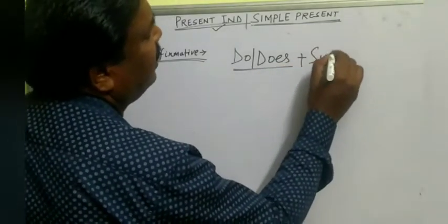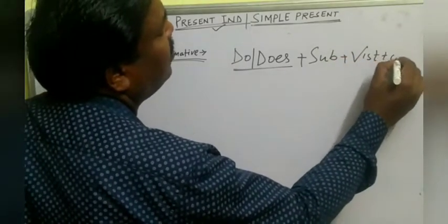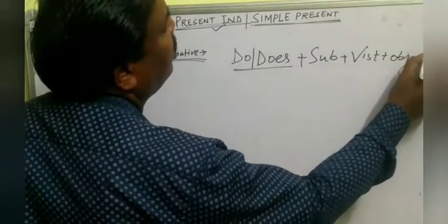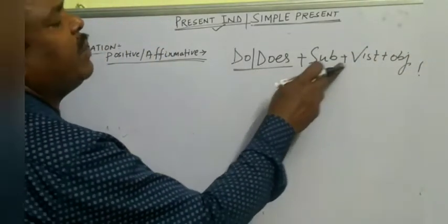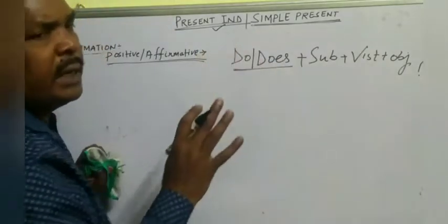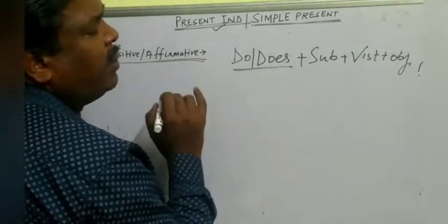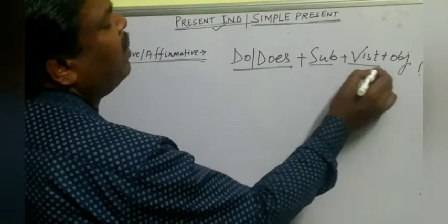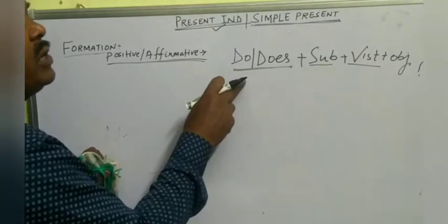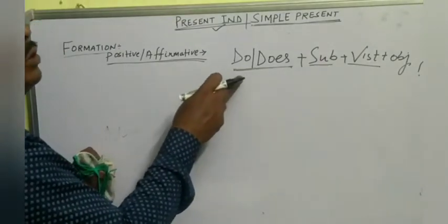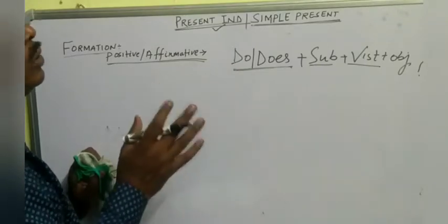Then subject, then first form of verb, then object. Do or does plus subject plus first form of verb plus object. Is it clear? The do or does, helping verb, then subject, then main verb, then object. So this type of sentences are used for answering only in yes or no.